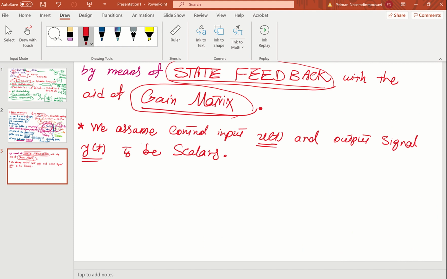They are single numbers, because your system is SISO, single input, single output. I will extend this to MIMO, multi input and multi output, but here I'm going to teach you SISO, single input, single output.